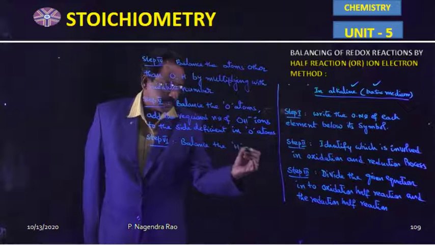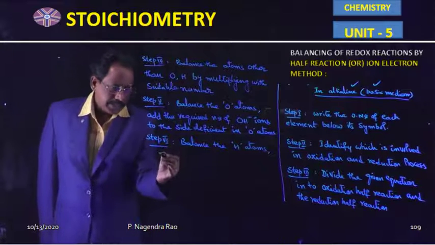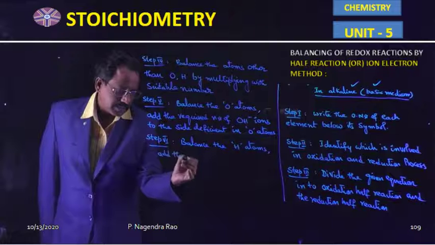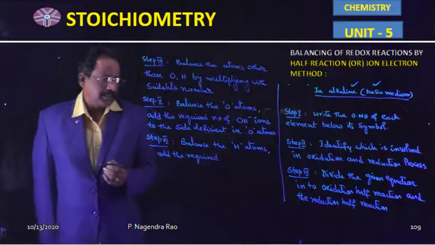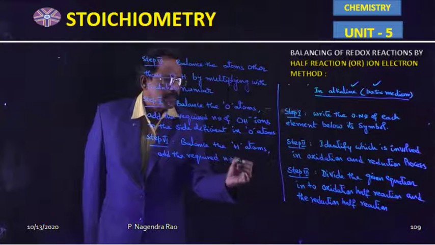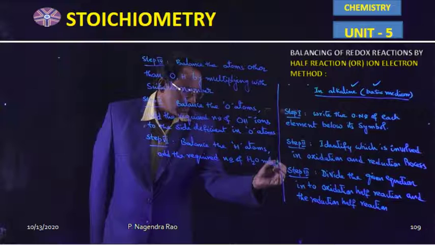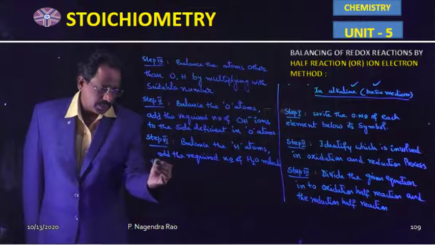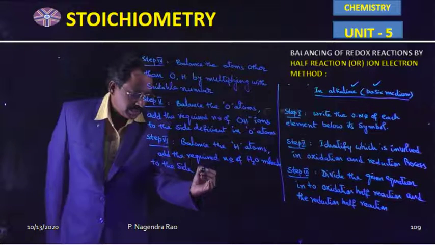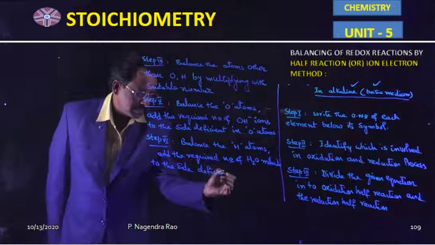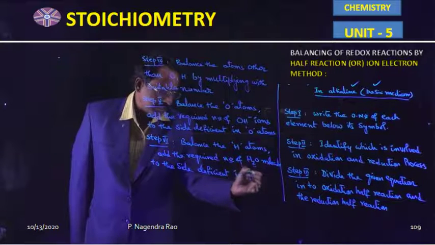Now, the next step is to balance the hydrogen atoms. Add the required number of H2O molecules to the side deficient in hydrogen atoms.